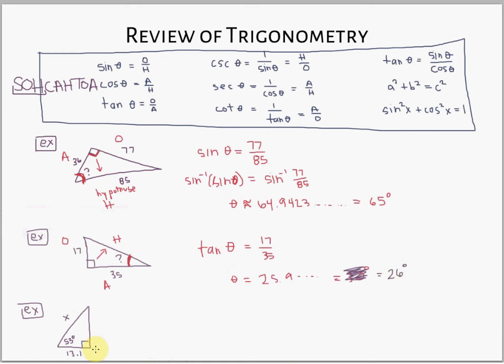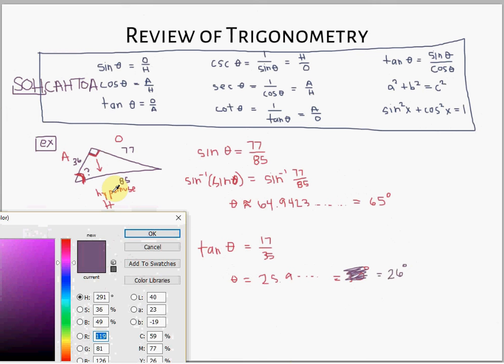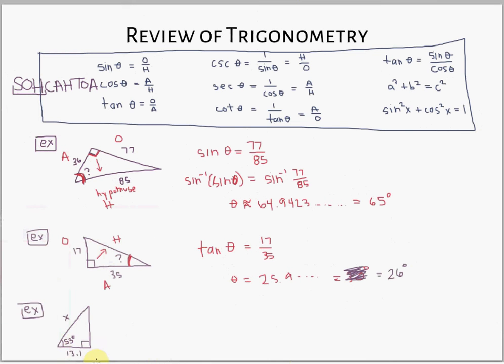Okay, so here we have a little different setup where we are given an angle, and we're asked to find the missing side. So when you do this, the same thing, we're going to label things. Based off of this angle, the side across from the right angle is always the hypotenuse.